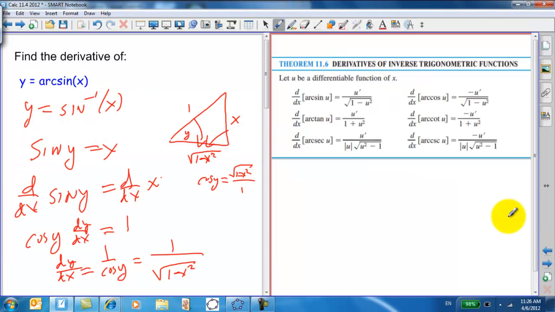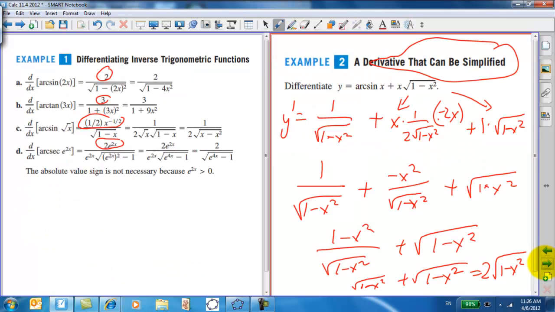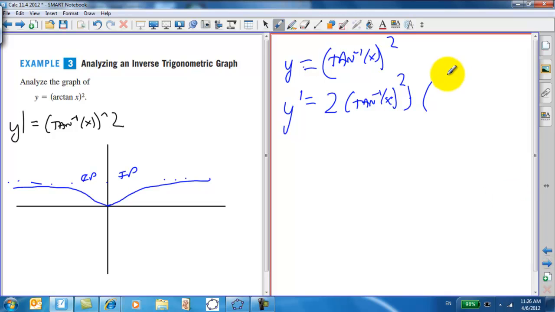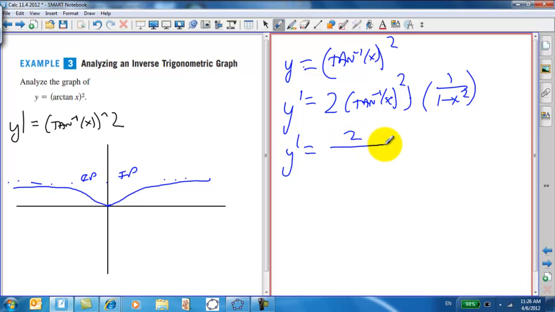Yep, there it is. The derivative of the inverse tan is 1 over 1 plus x squared. So that's what we got. The derivative is 2 times inverse tan of x squared, all over 1 plus x squared.